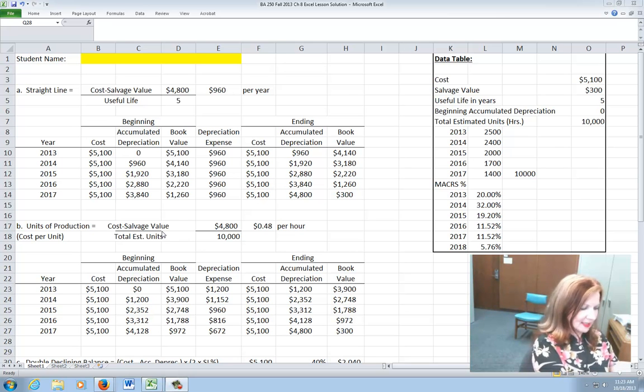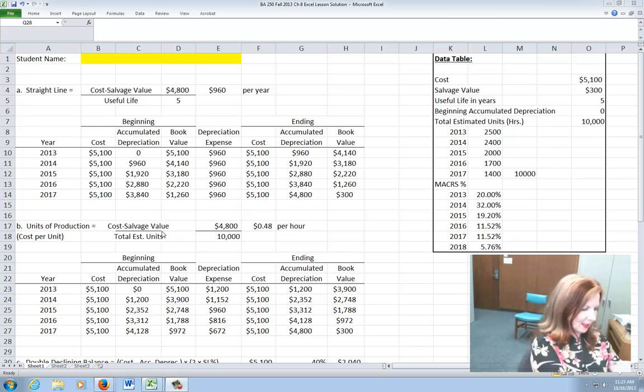The computer has an estimated life of 5 years or 10,000 hours. Salvage value is estimated at $300. During the 5 years, it would be used as follows: 2013 through 2017, 2,500 hours through 1,400 hours.